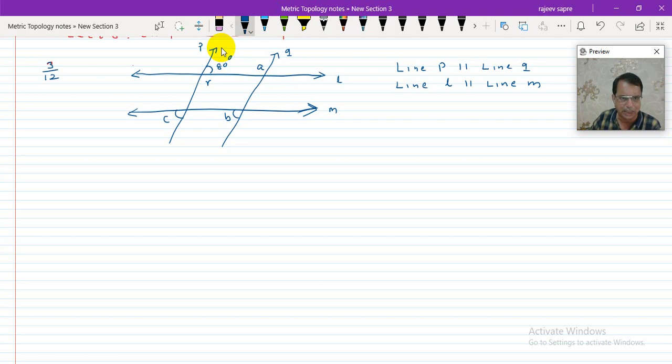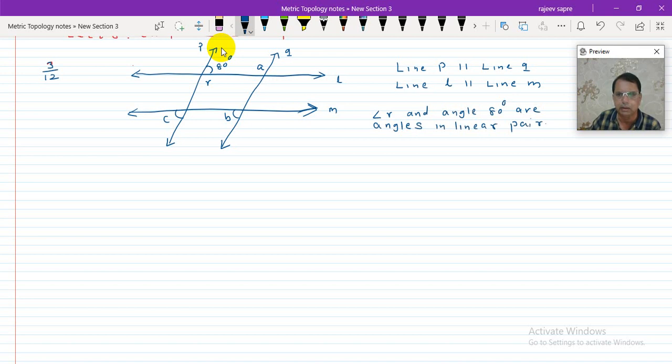This is one line, and this is another line. So here this angle 80 degrees and R are angles in linear pair. So angle R and angle 80 degrees are angles in linear pair.